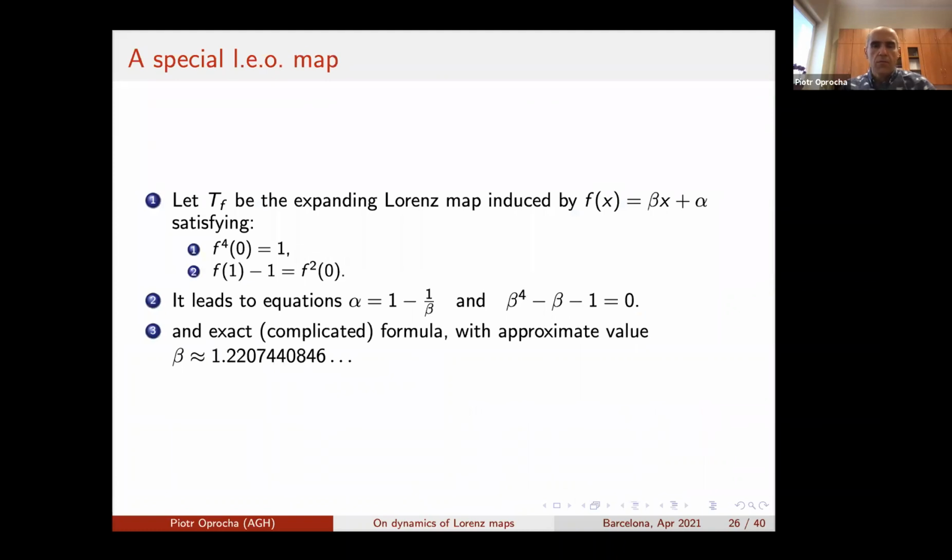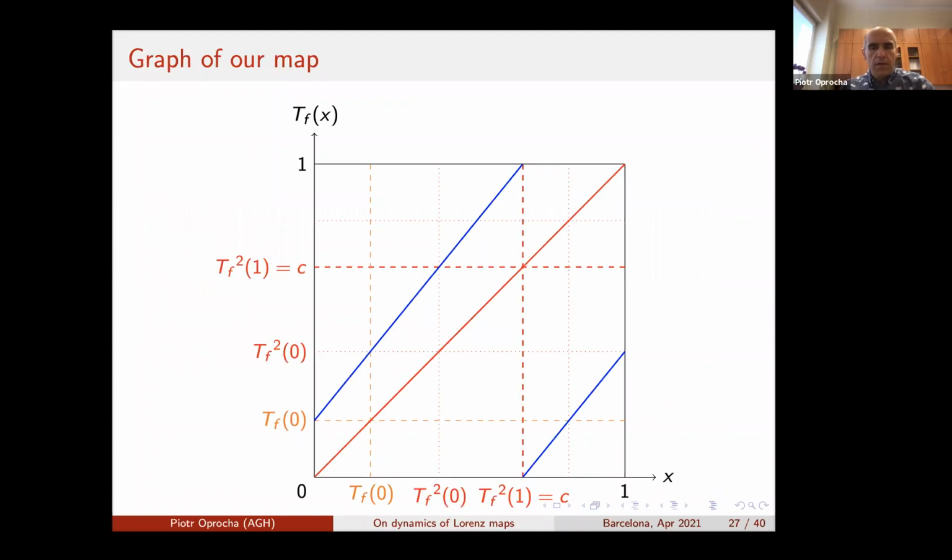And then we found a map which distinguishes these two properties: this strong L.e.o, where we want continuity in every iteration and a homeomorphic image, and the situation when we only look at what's at the end. So just to show you, we calculated exactly this map. Its graph looks like this.